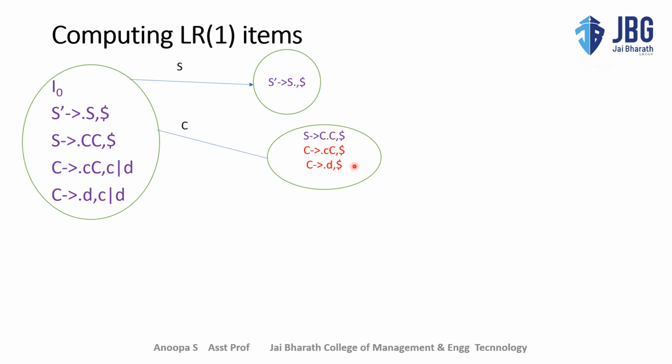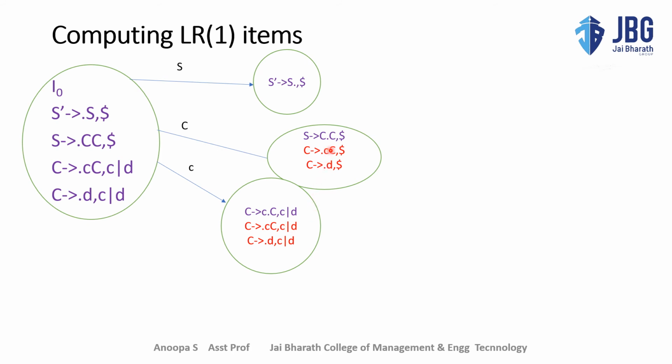Now we will go for small c. When I traverse through small c, I get C giving small c capital C, and why I get this is, here beta A is small c or small d, that is why I get small c small d here.